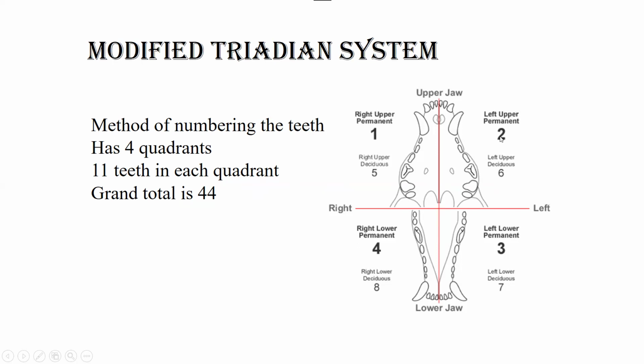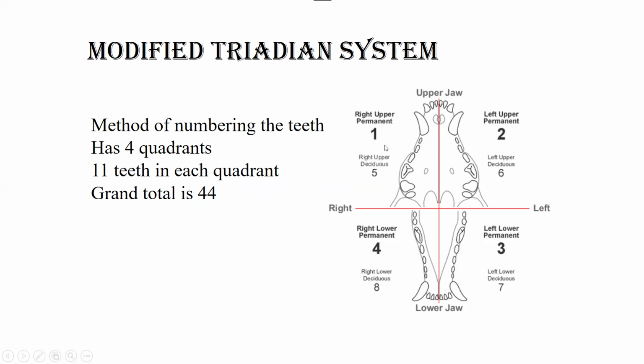You cannot say that the two can be one or the three can be one. You have to memorize which quadrant is given which number. So this is one, this is two, this is three, this is four. But this is for permanent teeth, or any animal that has permanent teeth.